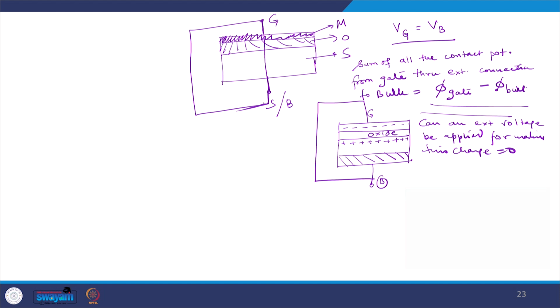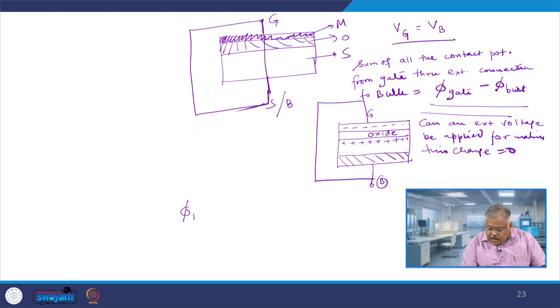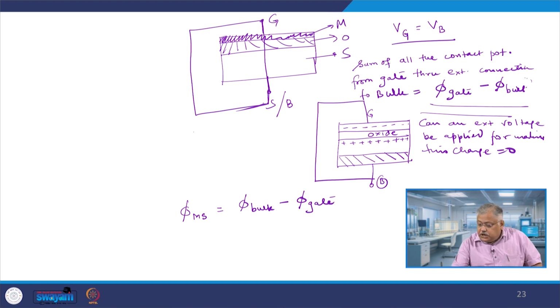This is the question which I am putting forth in front of you, right, that can you apply an external bias. Now, if you want to make the total potential 0, that is the whole idea, right. So, let me make the total potential 0 in this case. If I write down that phi of ms will be phi of bulk minus phi of gate, and you add this to the previous one, you see the net is 0, because the minus phi bulk will get added with plus phi bulk, and plus phi gate will be added with minus phi gate, and the final voltage which will be developed will be 0.